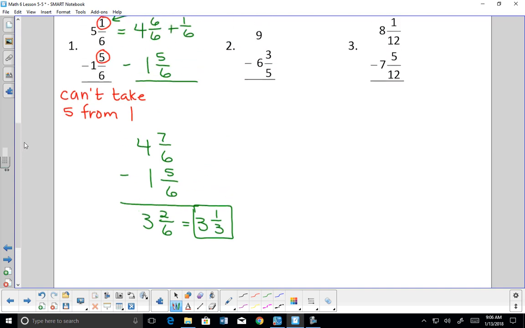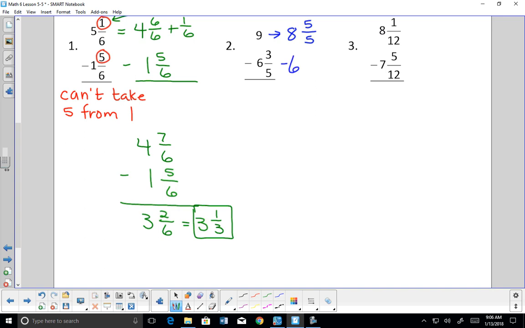Let's look at number 2. 9 minus 6 and 3/5. I cannot take 3/5 from nothing, so I must rename the 9. Another way of saying 9 in terms of fifths is 8 and 5/5. So I have 8 and 5/5, and I'm going to subtract from that 6 and 3/5.